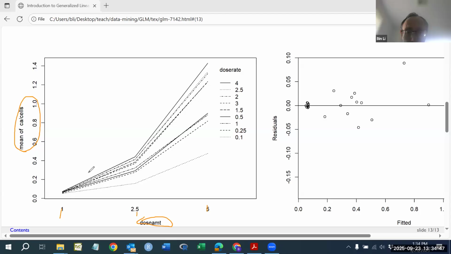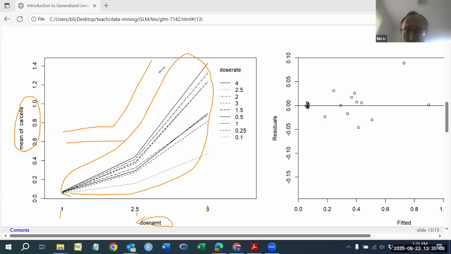Okay, so through this plot you can see it's not an additive effect. It's a multiplication effect. Do you see that? Why? Because if it's an additive effect, what does the interaction plot look like? It should be parallel, something like that.